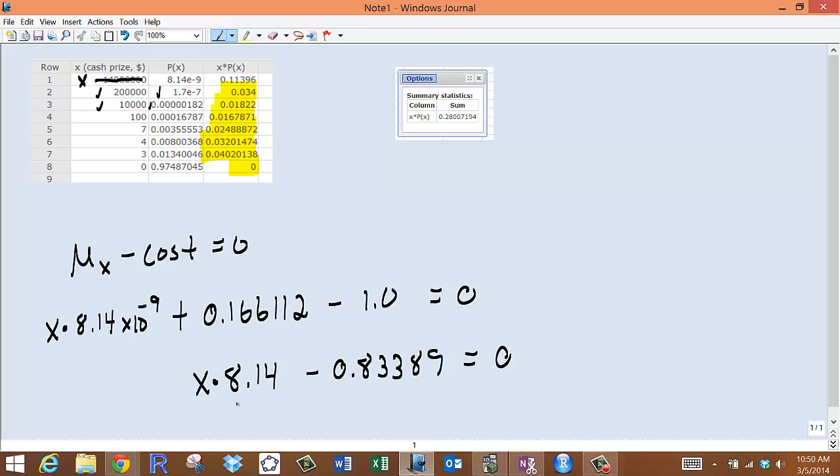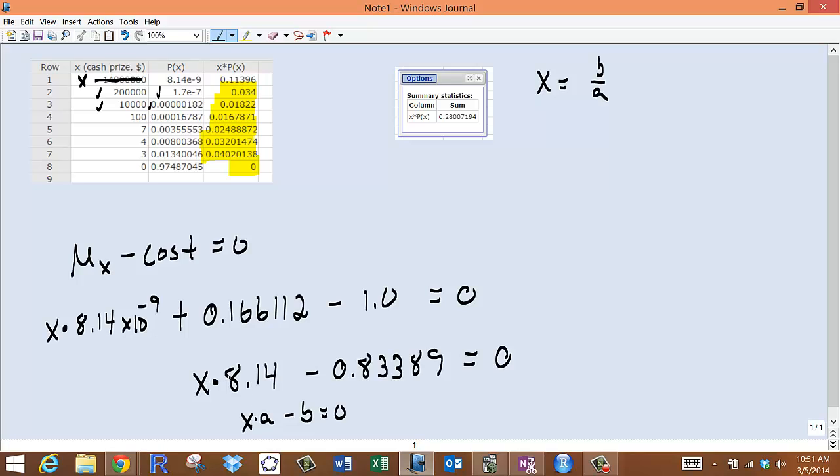Now notice something here. This equation is really like the equation x times a minus b is equal to 0. So that's really the equation that we're solving. And to solve this equation, you just need to add b and divide by a. So x is equal to b over a.